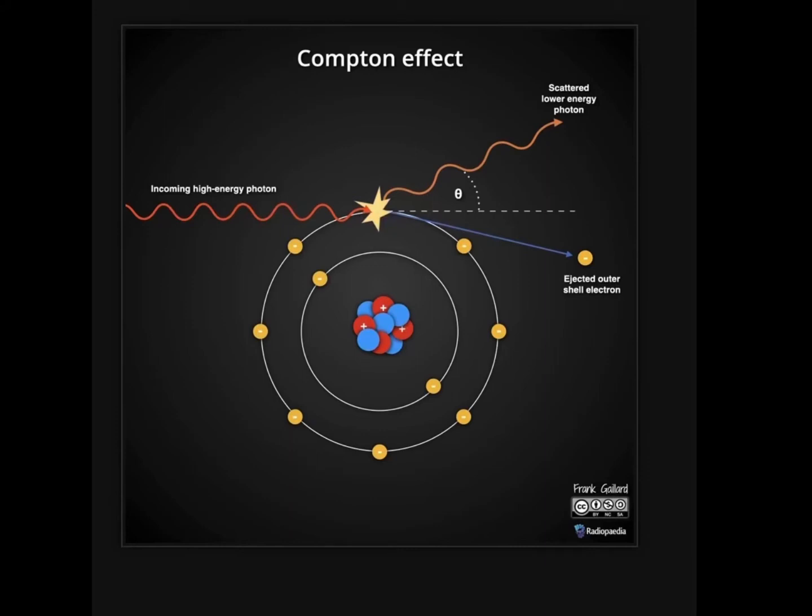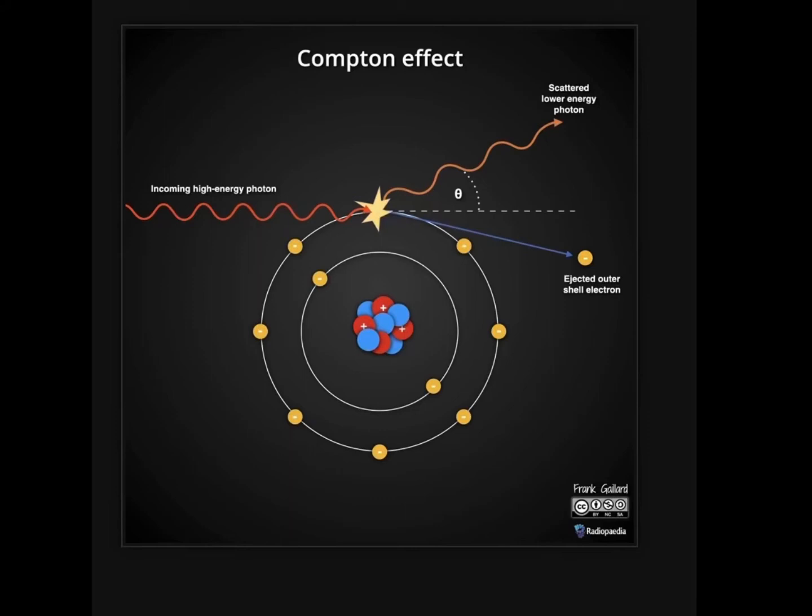So the X-ray photon enters the atom in the patient's body, and that photon's energy is partially absorbed by a loosely bound outer shell electron, and it results in the electron getting knocked out of orbit, which causes the ionization that this whole process is trying to achieve.